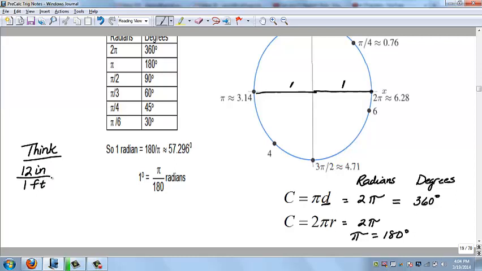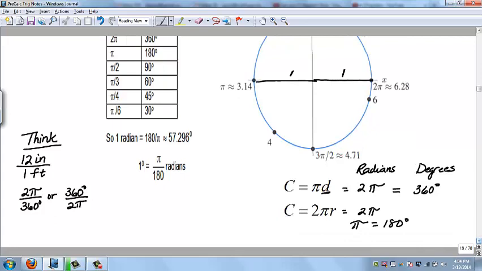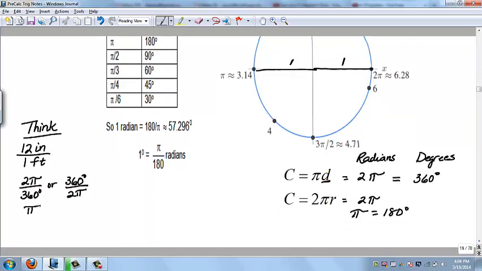In this case, I could say 2 pi is the same as 360 degrees, or 360 degrees is the same as 2 pi. But we don't do that because you can reduce this down, and so we use this: pi over 180 or 180 degrees over pi mean the same thing. It's a 1, it stands for 1, and we use that to convert between the two.